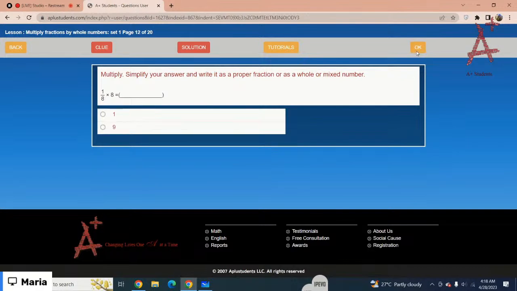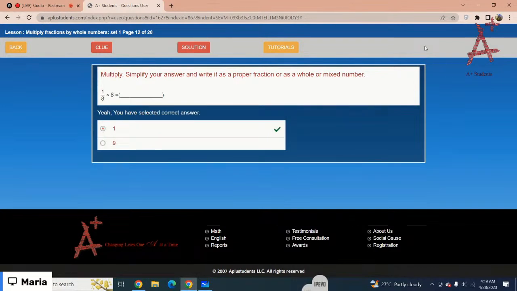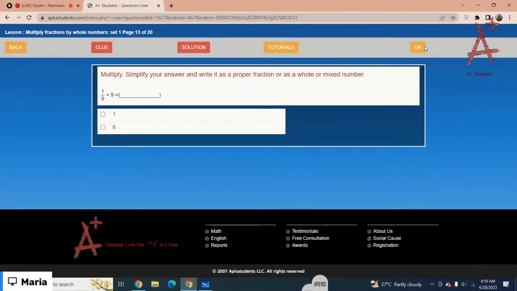Okay, 8 times 1 by 8. So which is the correct option? You are left with just 1. 8 and 8 cancel out. 9 times 1 by 9. So which is the correct option?